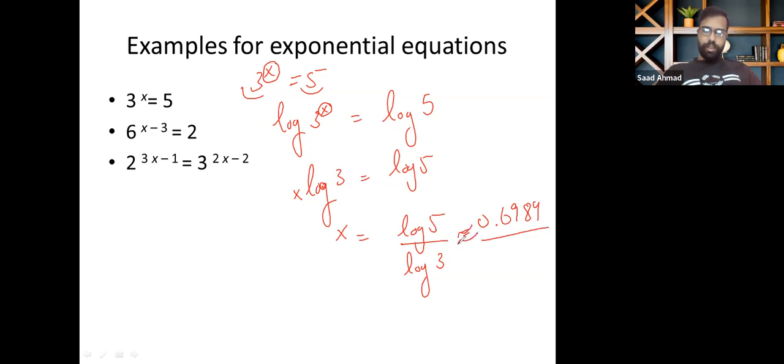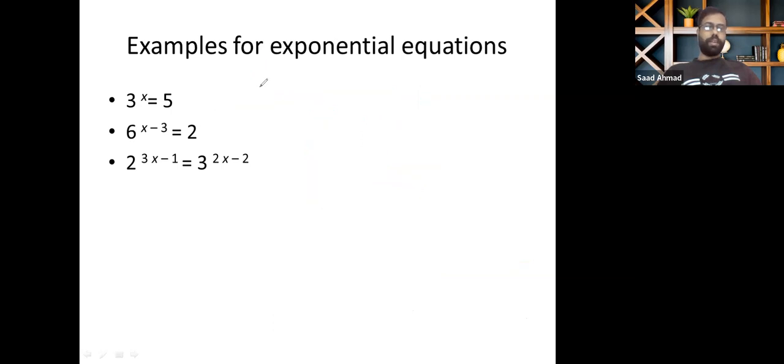This is the approximate sign. It doesn't mean exactly equal, but approximately equal. And log 3 is 0.4771, something like that. So let's divide them. 0.6989 divided by 0.4771 is 1.464, something like that. So that's the answer for the first one. Let's try the second one now.